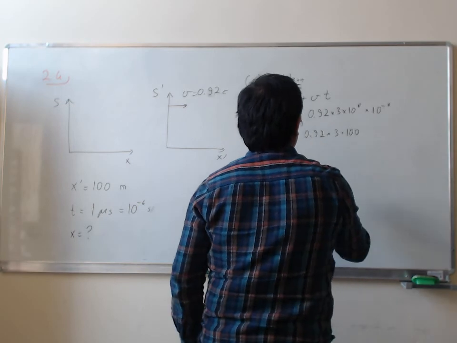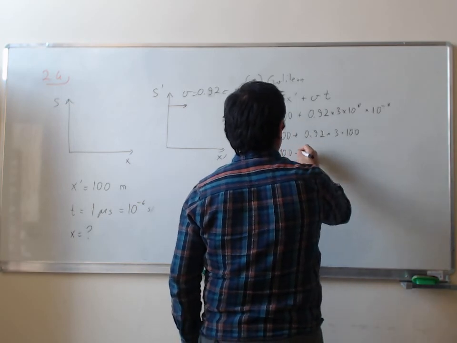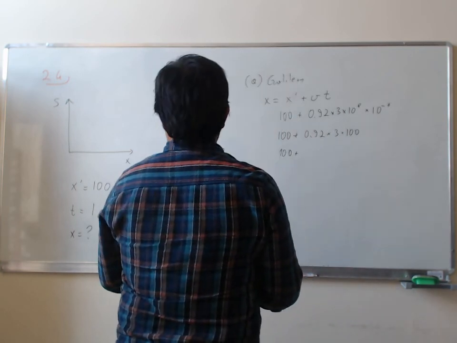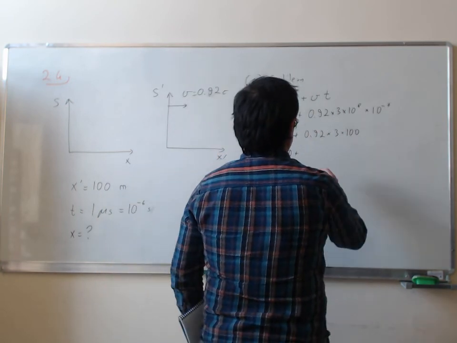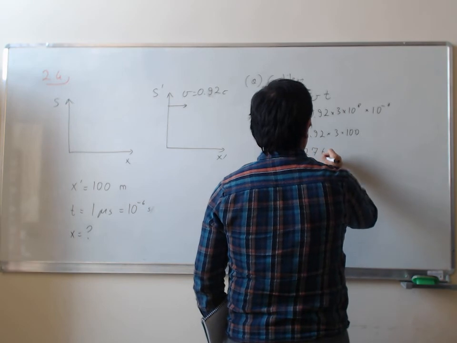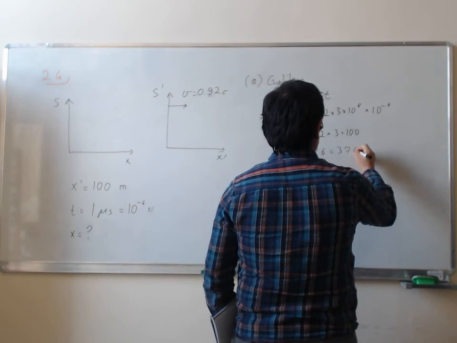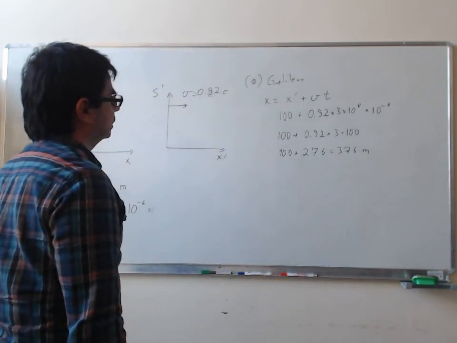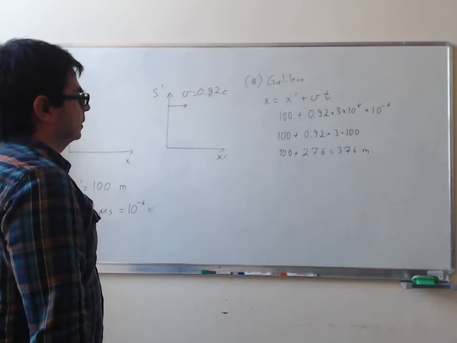So this is going to be 100 plus... This seems too much. Okay. 27.6, right? 376. My algebra might be wrong. My algebra might be off, though. I don't see how. This is what you get, right?